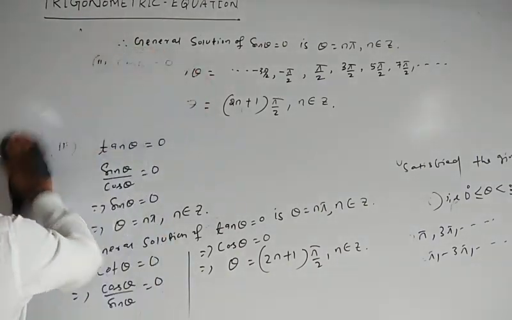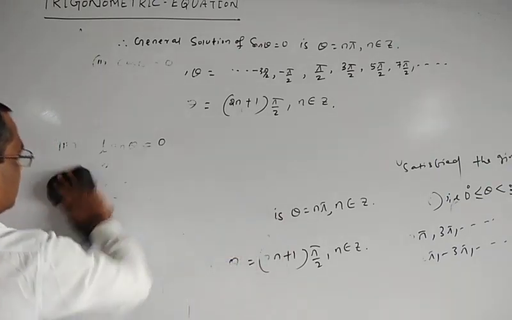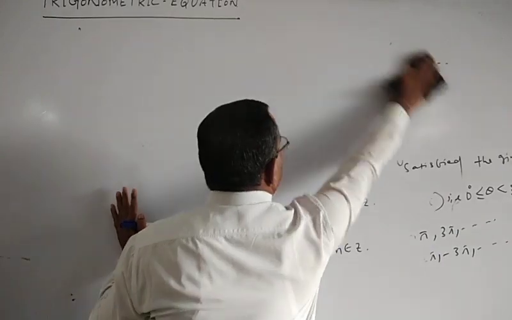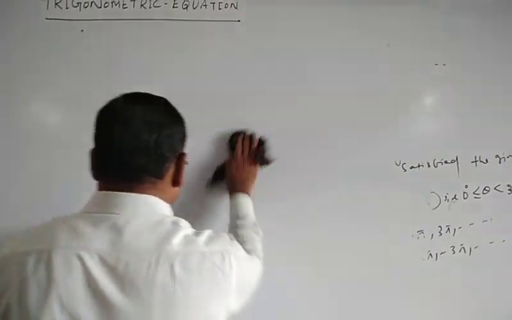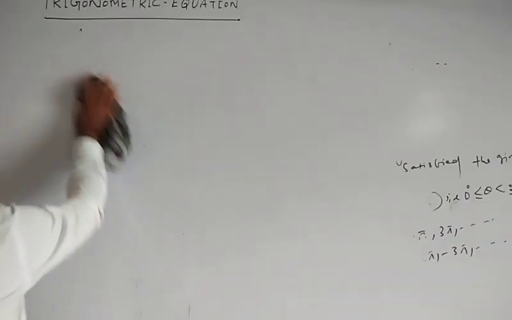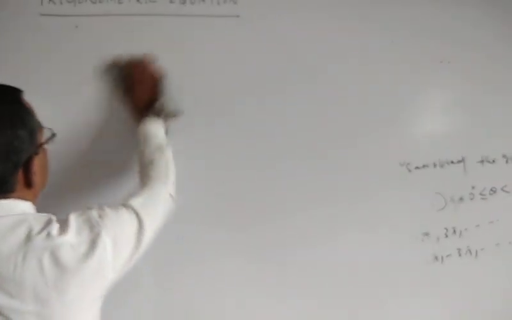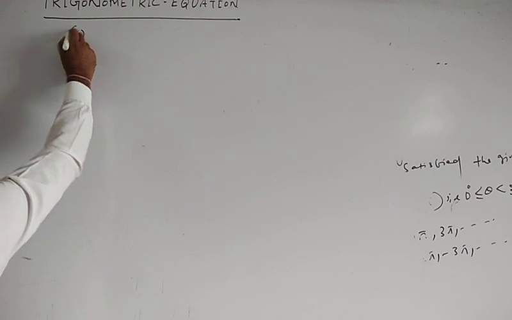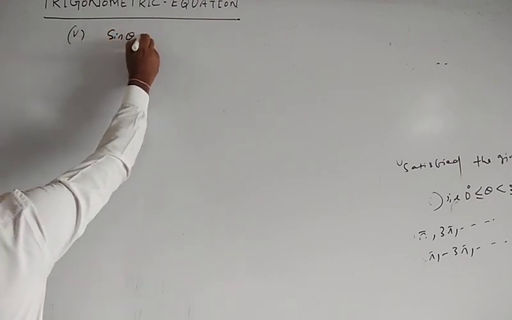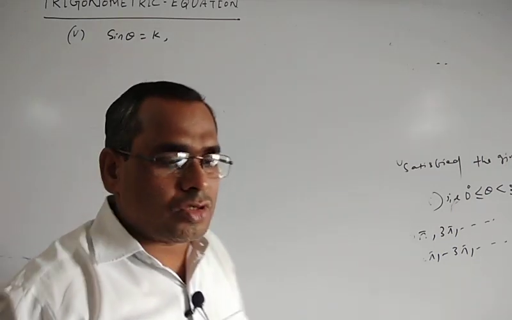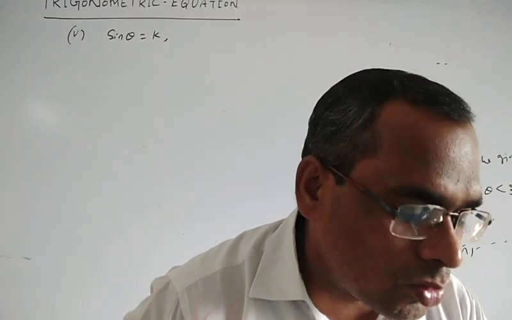Next, we find the general solution of number 5. Sin theta is equal to k. Its solution is possible for which value of k?